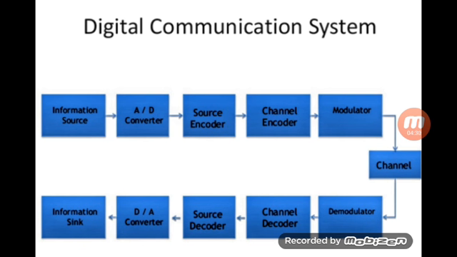Internally, we are also using microphones and earphones. Microphones convert voice signals into electrical signals, and then they propagate through the channel. Earphones convert the electrical signals back into voice signals.